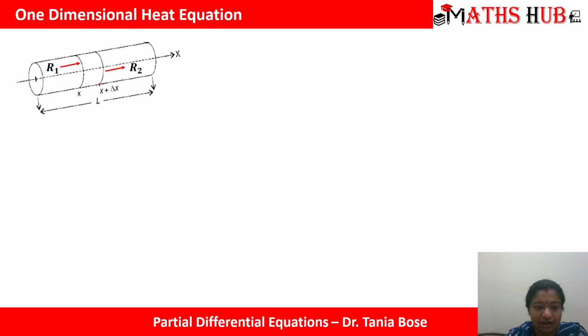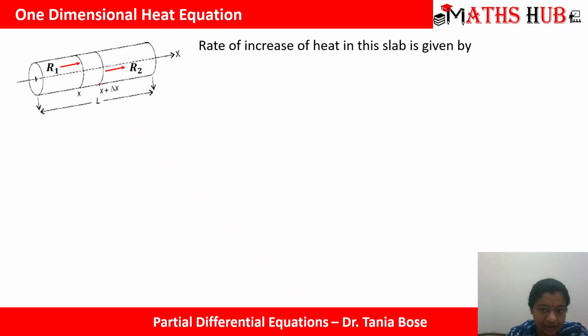So we calculate the rate of increase of heat in this slab. We calculated the quantity of heat, so the rate of increase of heat will be S rho A delta x delta u by delta t. This will be equal to what will be the rate of increase now?